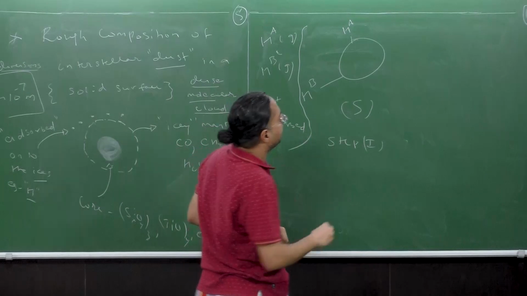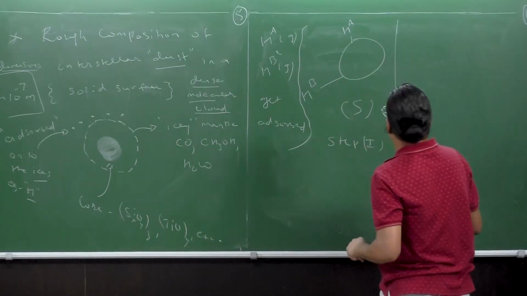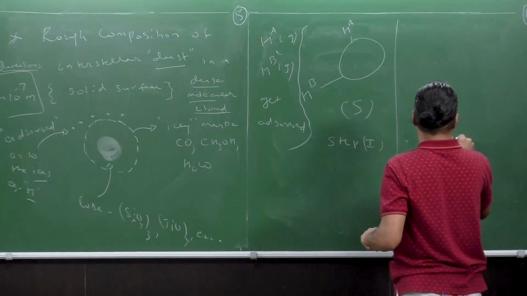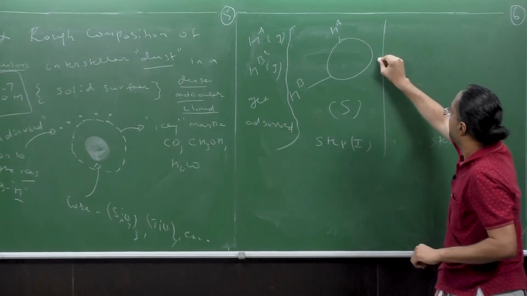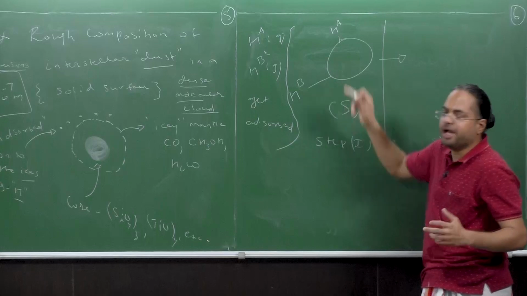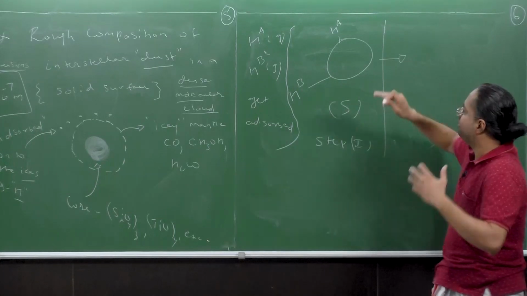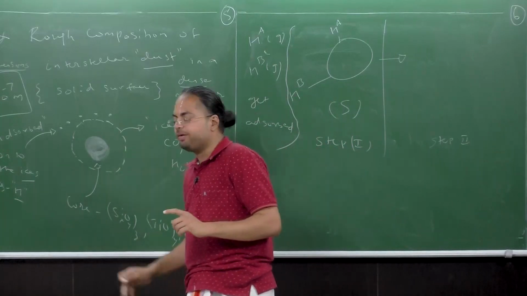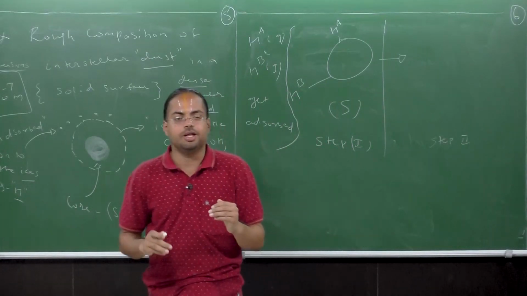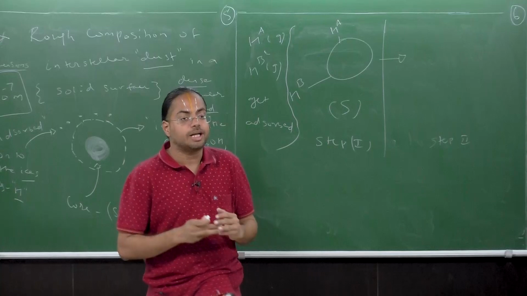Right, so this is step 1. Now what happens in step 2, let's say that HB diffuses. One amazing thing about these surfaces is that it provides a path for the H atoms to diffuse.